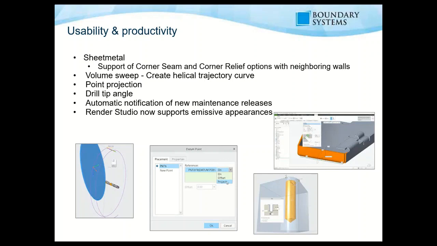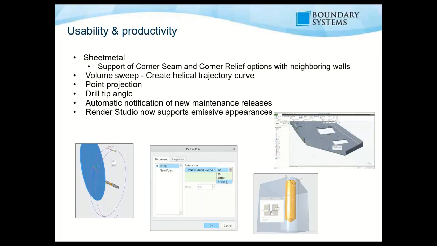On the volume sweep, you can now create a helical trajectory curve. As you do your volume sweep or your normal sweeps, you can have a tick box to create the curve as well. That curve you can then use for other references or to drive other things within Creo.